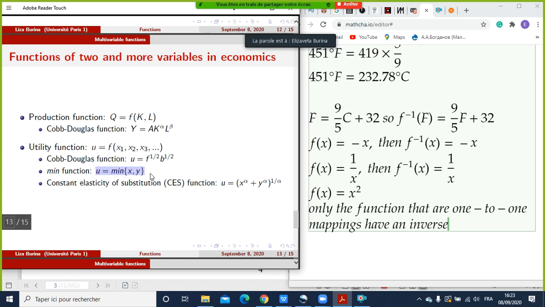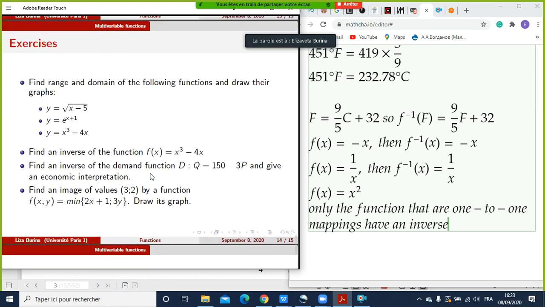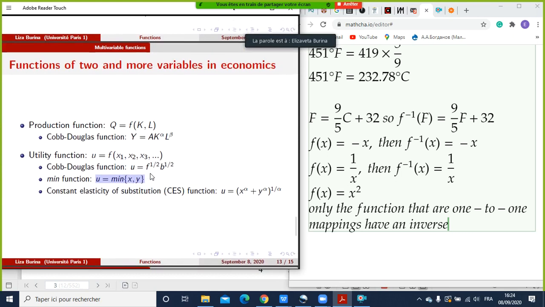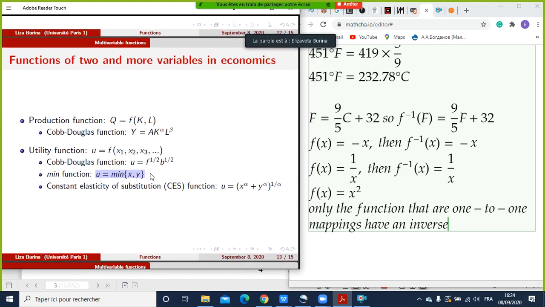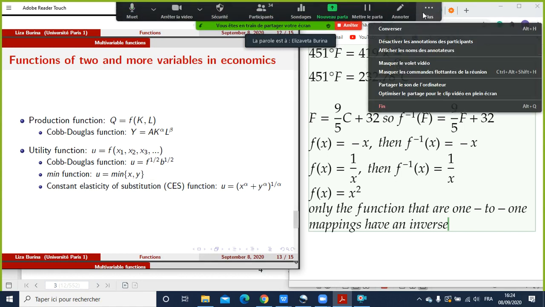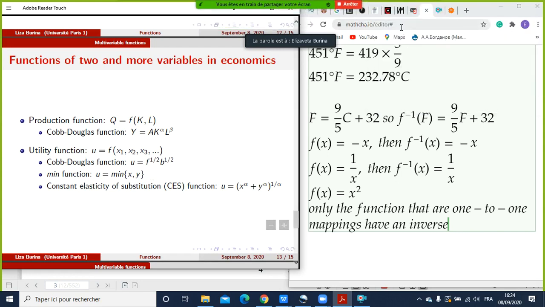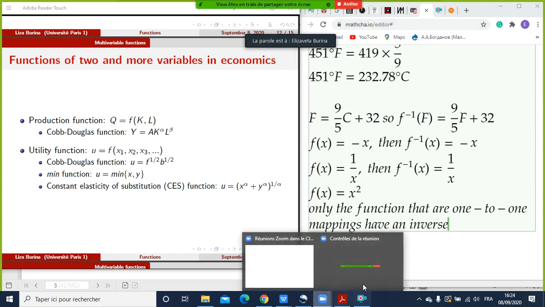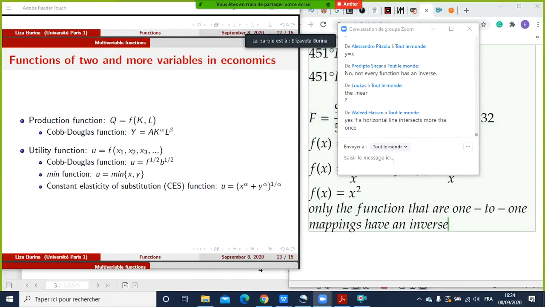Okay, then the minimum function. Very important. If you didn't see it, here it is. I'm going to give examples here. I need to explain how it works, but this is a perfect representation of a utility function.